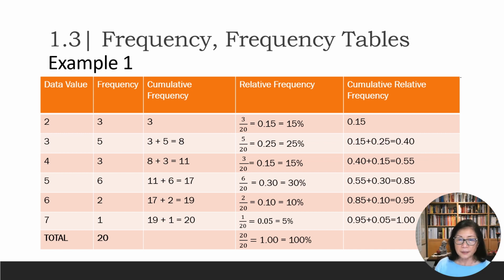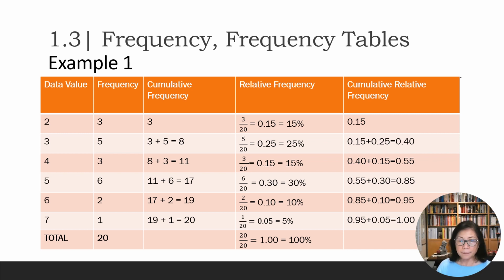So similarly, you should be able to complete this table up to the data value 7. We have 1 divided by 20 and get 0.05, which is 5%. And we can always double check our work by adding up all the decimals from the relative frequency of each class.